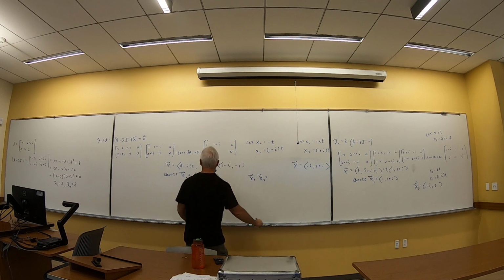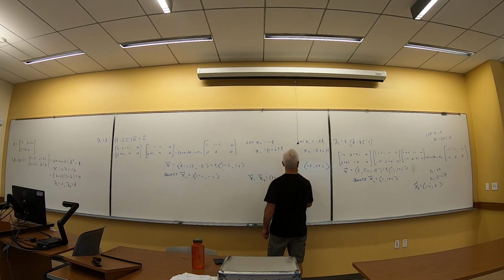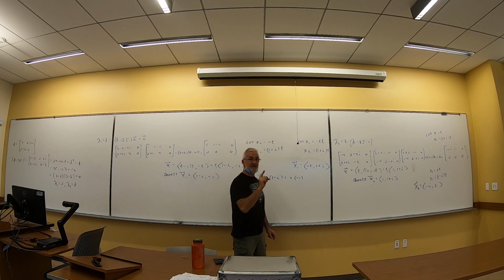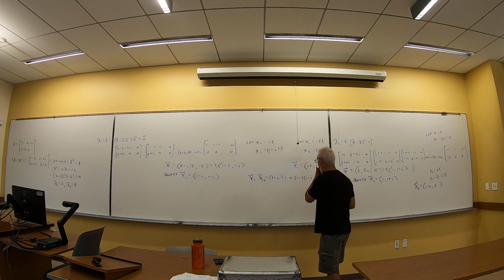When I do that, I have 1 minus i times 1 plus negative 1 times what? 1 minus i, because it has to be the conjugate of the second one. And what do you get?